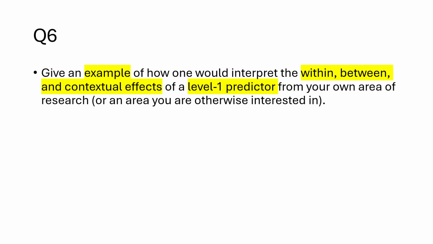Between would be the differences between leader clusters and their mean organizational commitment, so between leaders. Then contextual would be the variance accounted for by the leader cluster, beyond just individual differences in organizational commitment.